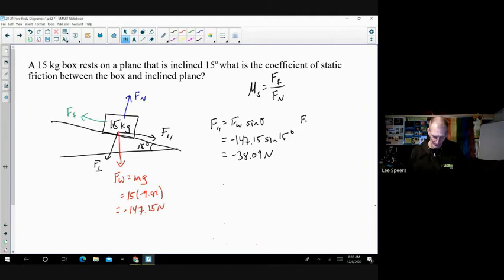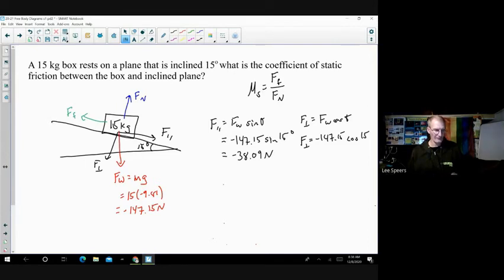The perpendicular force or component is FW cosine theta. So the weight force is still negative 147.15 times the cosine of 15 degrees, 147.15 cosine 15.